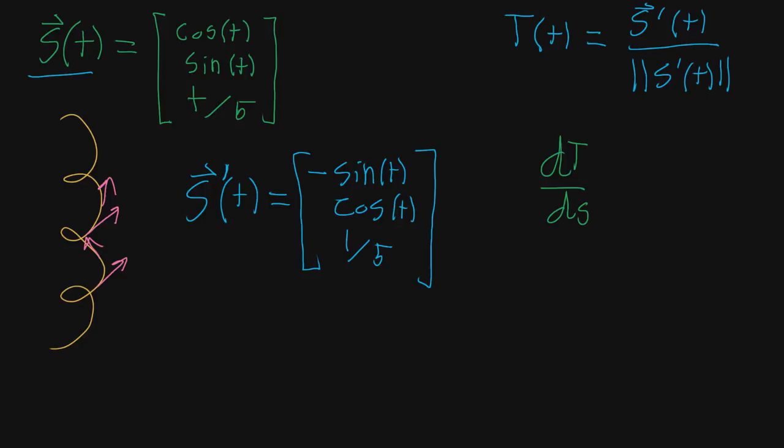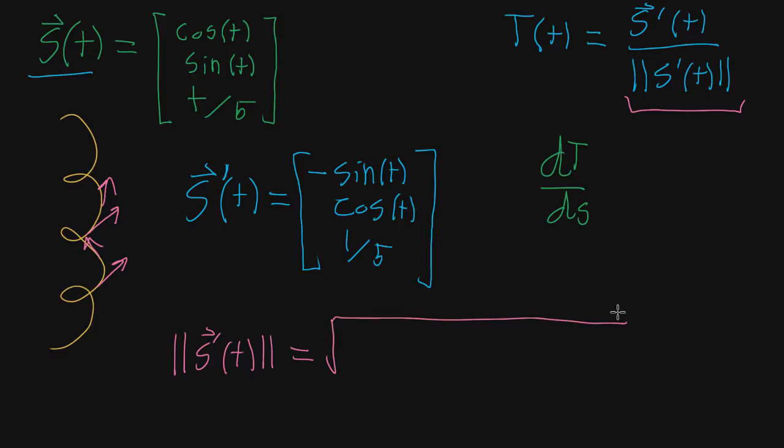And now what we need to do is find the magnitude of s prime of t. So as we're taking the magnitude of s prime of t, as a vector, we take the square root of the sum of the squares of each of its components.